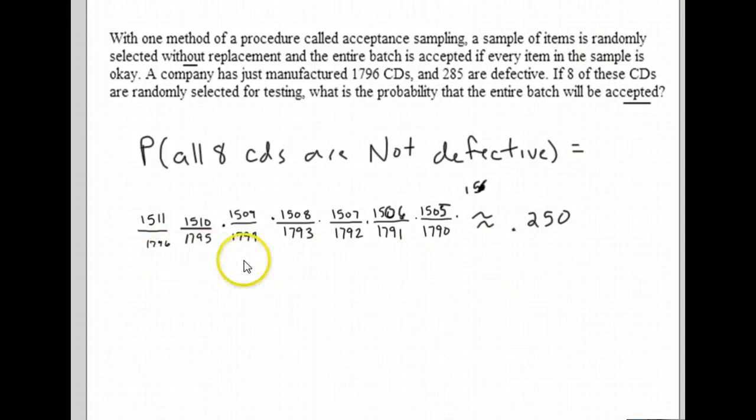But this is technically how you would do it. You would back off because of the without replacement. You would be backing off 1 on the numerator and denominator as you go left to right.